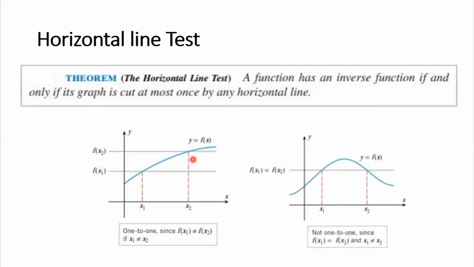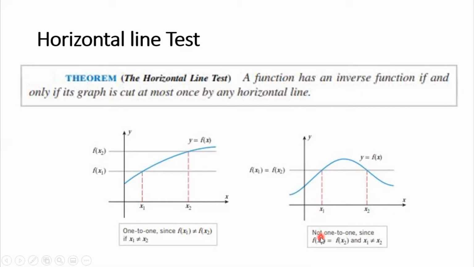Another example, suppose we have the graph of the given function, y is equal to f of x, and this is the graph. Now, is this one-to-one or not? Does this function have an inverse? No, this is not a one-to-one function since we're given different x sub 1 and x sub 2, but they have the same f of x. So here, f of x sub 1 is equal to f of x sub 2.